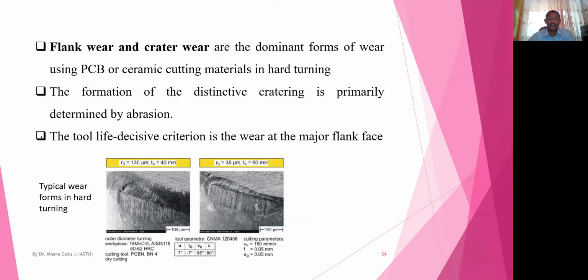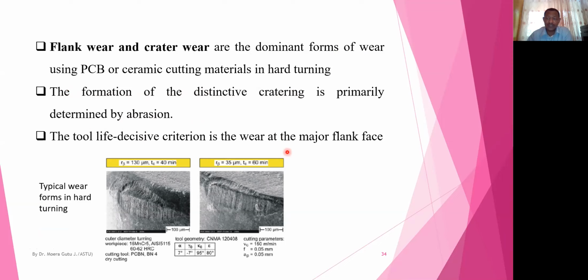The flank wear and the crater wear are the dominant wear forms of the cutting tool. The formation of distinctive cratering is permanently determined by abrasion. So the flank wear can also be in abrasion form, the form of erosion.